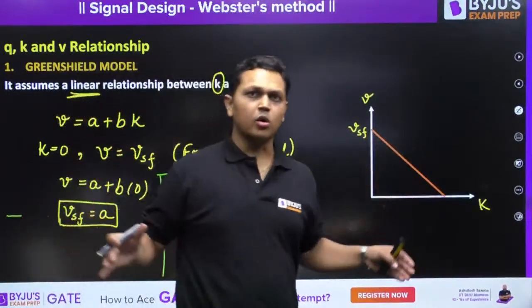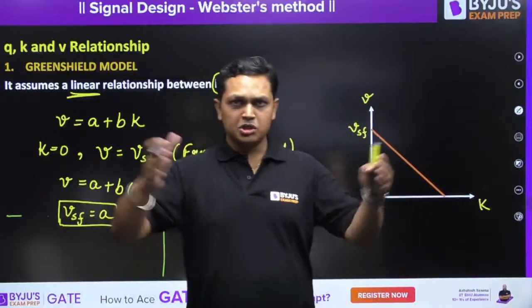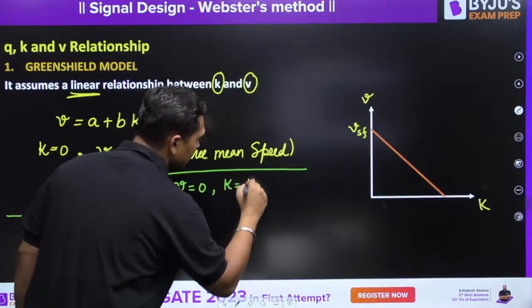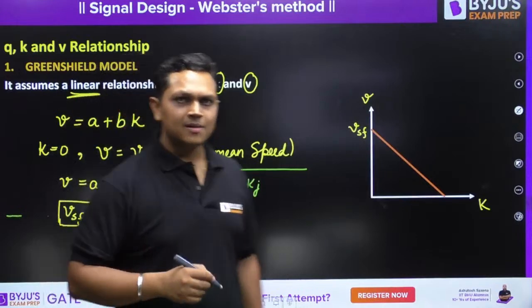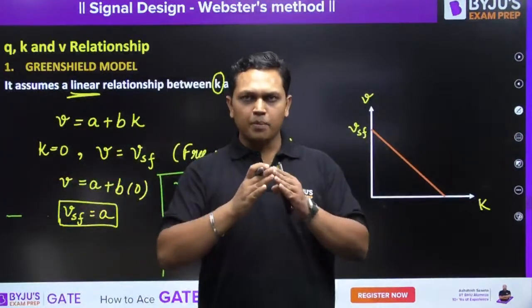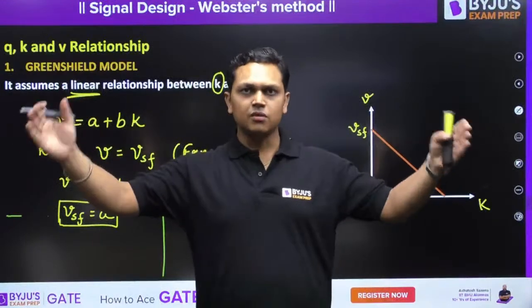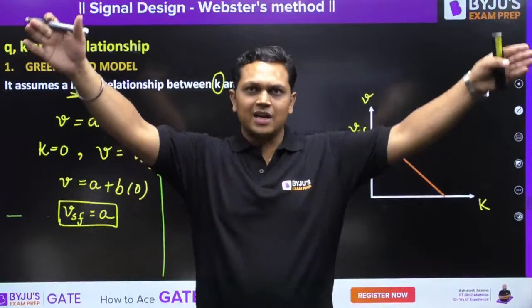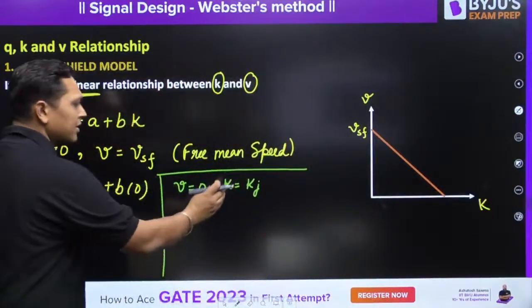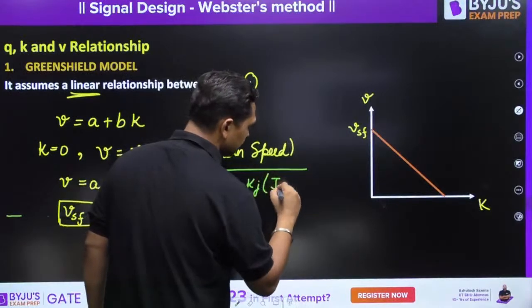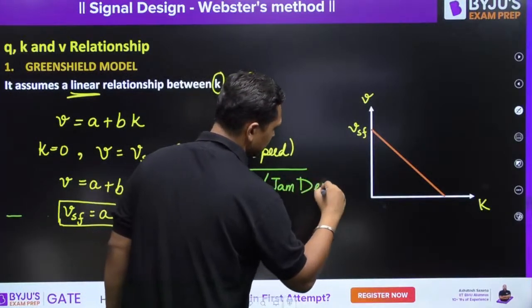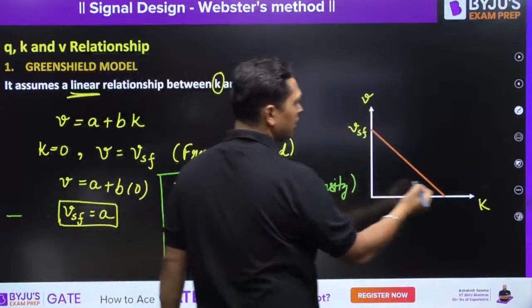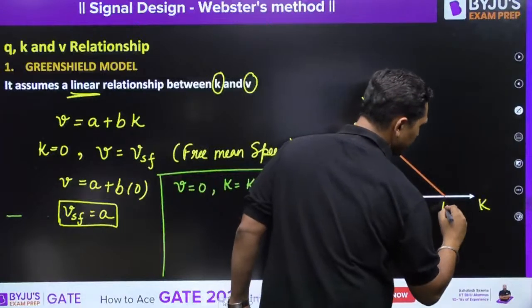When there is a jam on road. So the density is referred to as the jam density. Now all the vehicles are in the stopped position. The 1 kilometer stretch of the road has been occupied by the maximum number of vehicles. All the vehicles are in the jam condition. So the density is referred to as the jam density. So when velocity is equal to 0, K is equal to Kj.